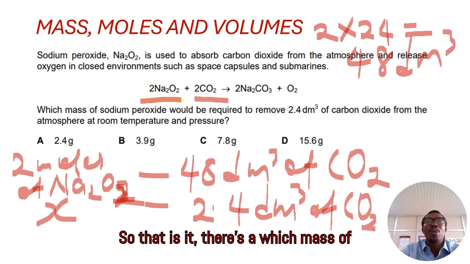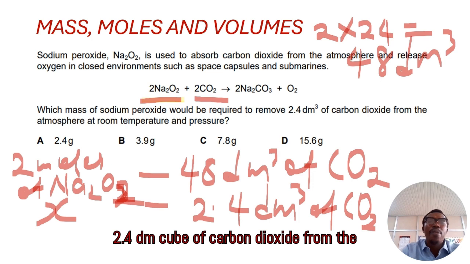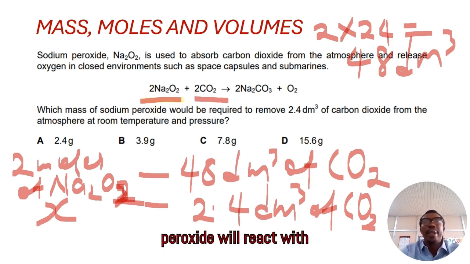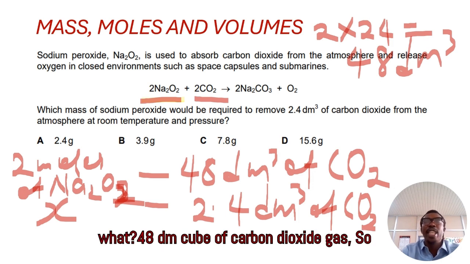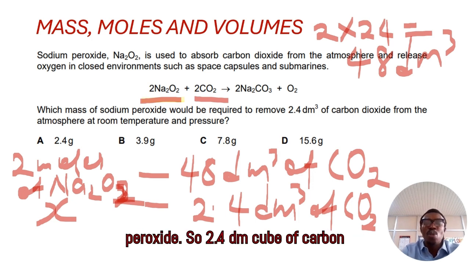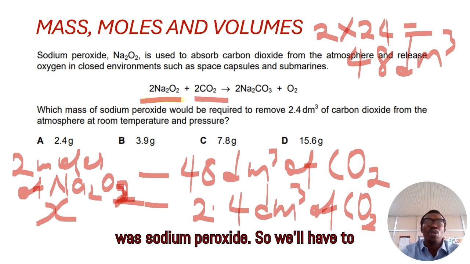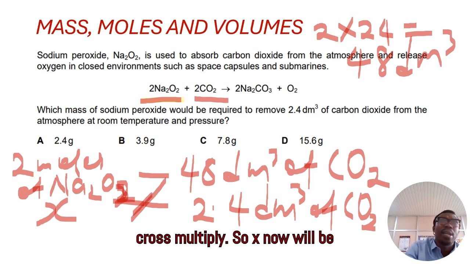So which mass of sodium peroxide will be required to remove 2.4 dm³ of carbon dioxide from the atmosphere? If 2 moles of sodium peroxide react with 48 dm³ of carbon dioxide gas, then 2.4 dm³ of carbon dioxide gas will require X moles of sodium peroxide. So we cross multiply.